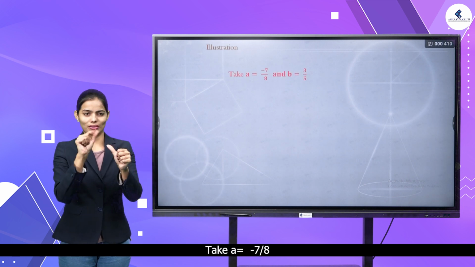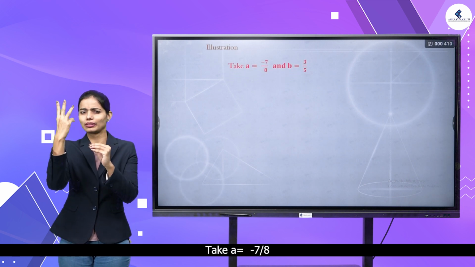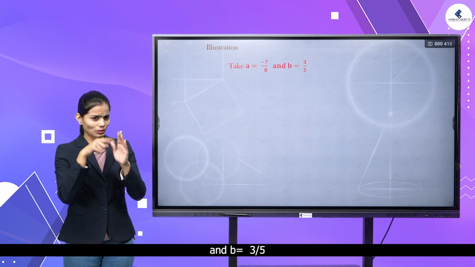Illustration. Take a is equal to minus 7 by 8 and b is equal to 3 by 5.